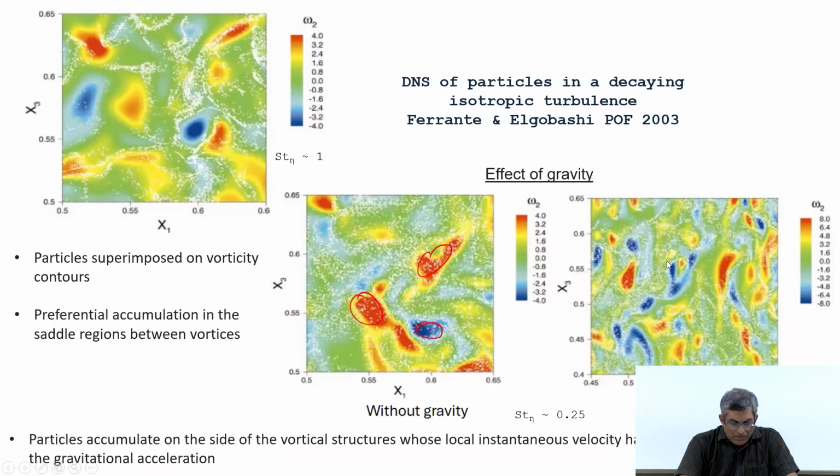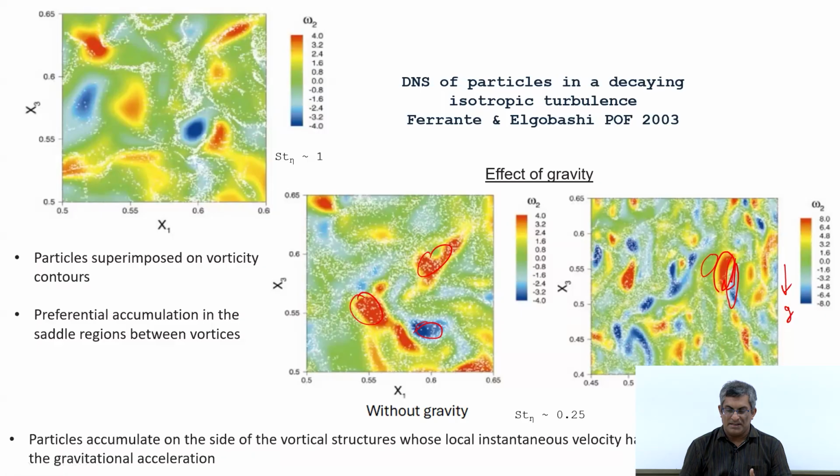What they have observed is that the particles tend to accumulate on the side of the vortical structure whose instantaneous velocity has the same direction as the gravitational acceleration. So, if you have an ED like this, and let us say this side corresponds to gravity, then particles accumulate more on this side compared to this side, which is an interesting phenomenon.